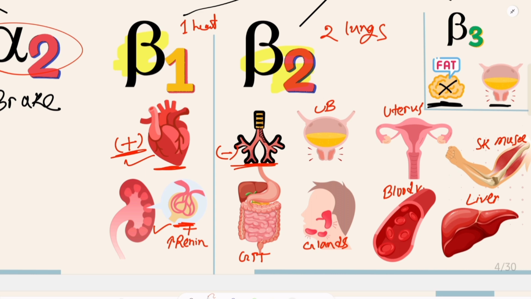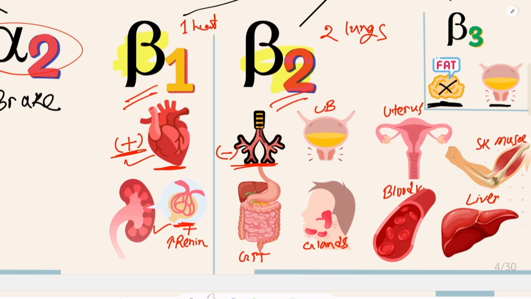As we discussed, the sympathetic system stimulates the heart and relaxes most other part of the body. We know in heart we have beta 1, so it is stimulatory. In all other parts we have beta 2, so it is a relaxant.